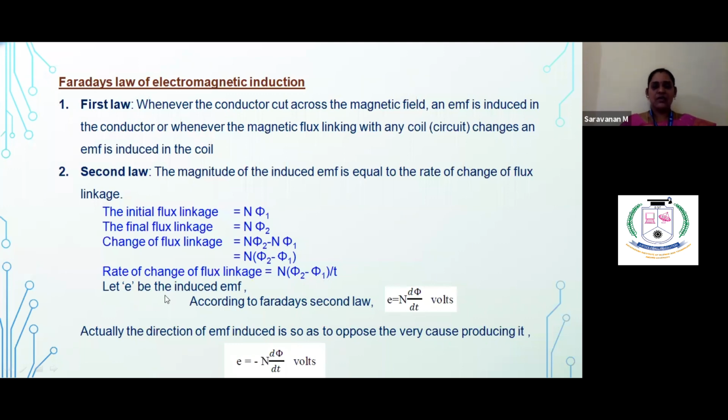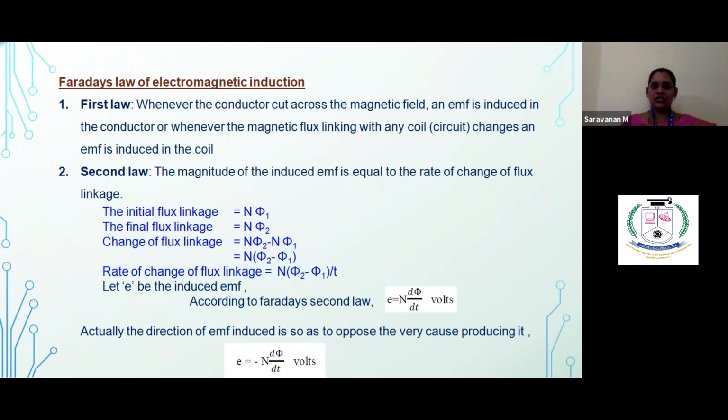So let E be the EMF induced according to Faraday's law, and E is equal to N into d phi by dt. What is d phi? d phi is nothing but your change in flux. The EMF which is induced is not always positive. Sometimes you will also have negative EMF.